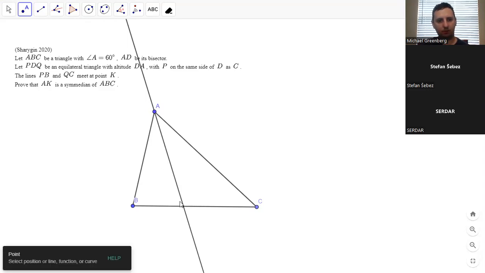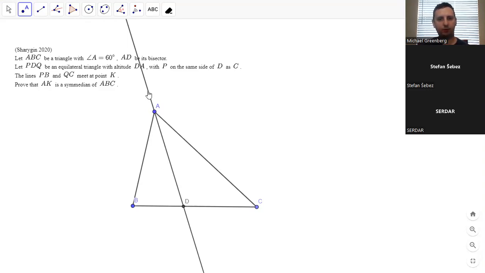And then we draw an equilateral triangle where AD is the altitude.